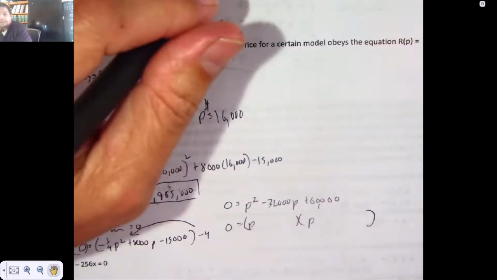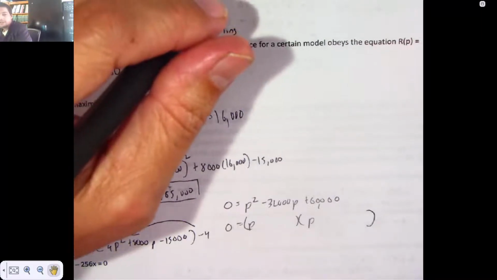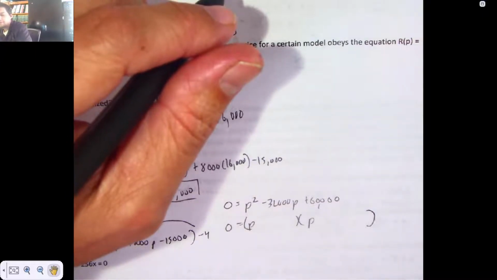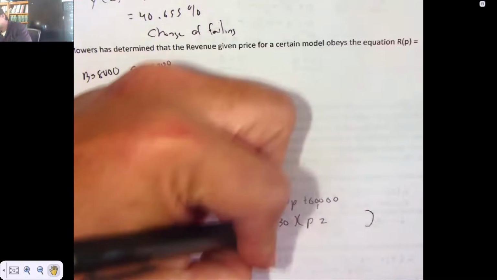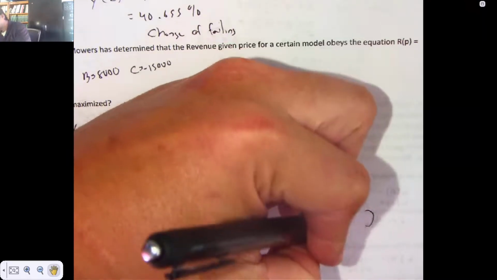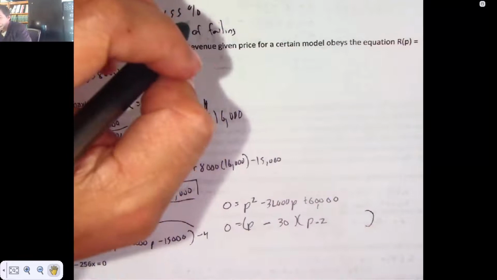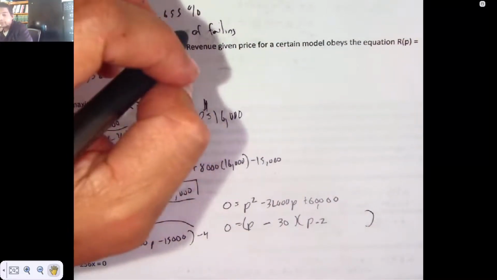Two factors of 60,000 that add to 32,000, thinking about factors of 60 and 32, it's going to be 30 and 2, if they're both negative. I did not create something that factors, did I?